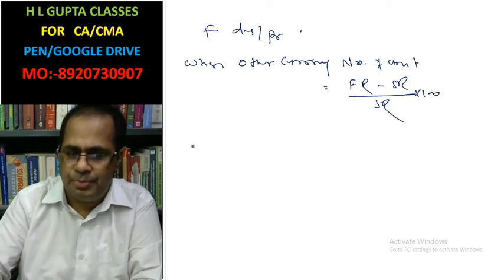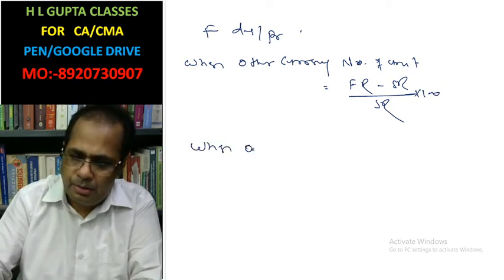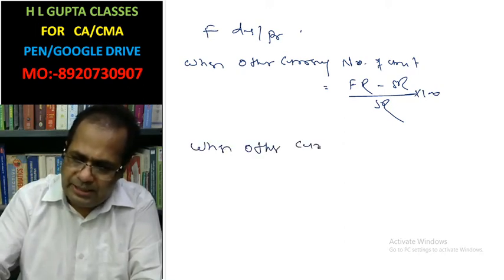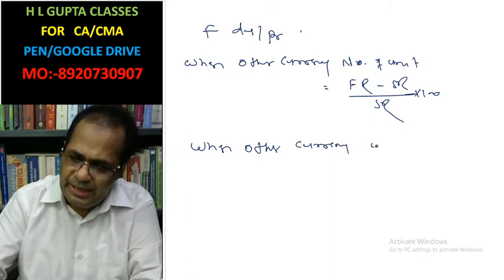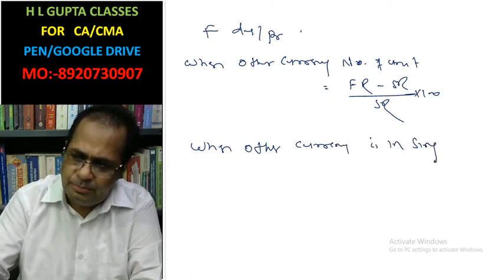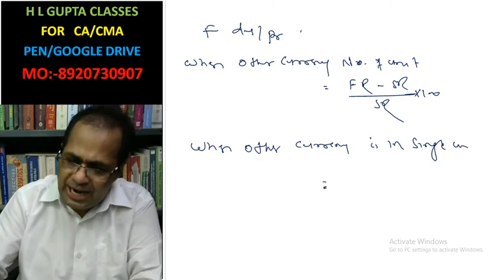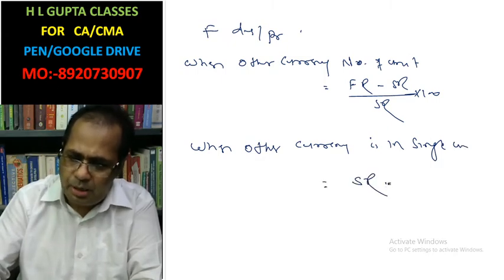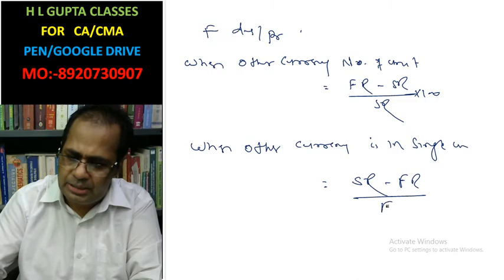This is the formula. When the other currency is in single unit, in that case spot rate minus forward rate upon forward rate is applied.